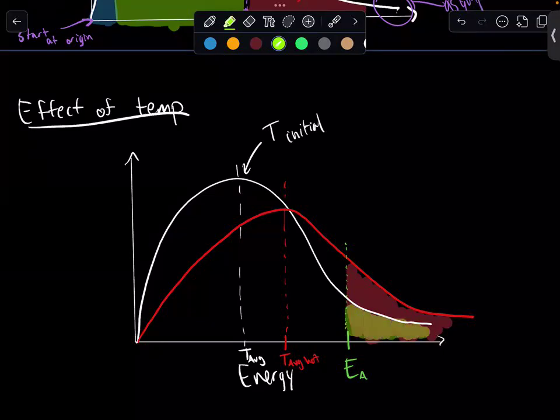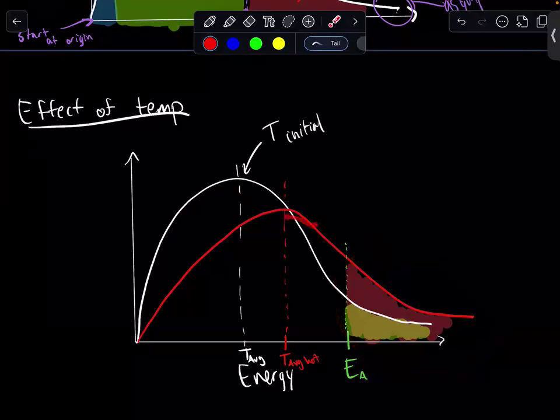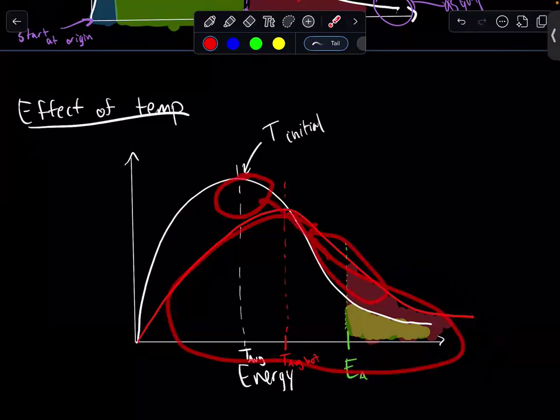So you can see how increasing the temperature increases the rate of reaction because you have now more particles that have energy that can react, and the Maxwell-Boltzmann distribution helps show this. The overall area under the curve is still the same, but pretty much we added all this by removing it from here and kind of shifting it over.